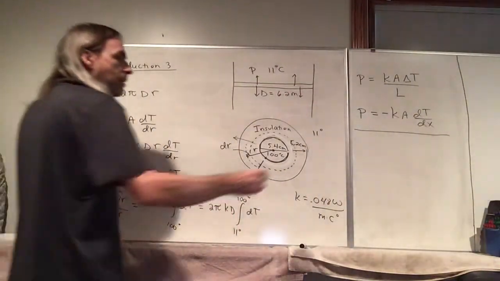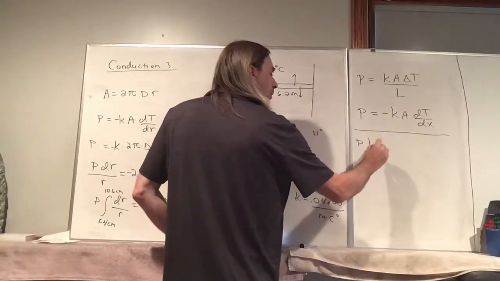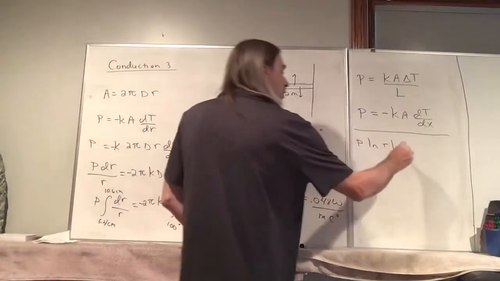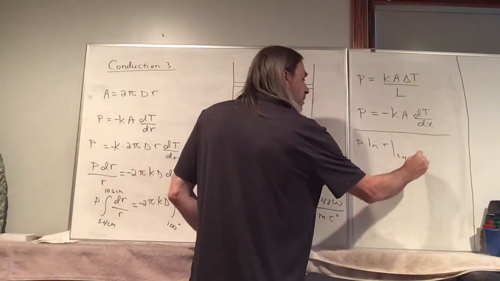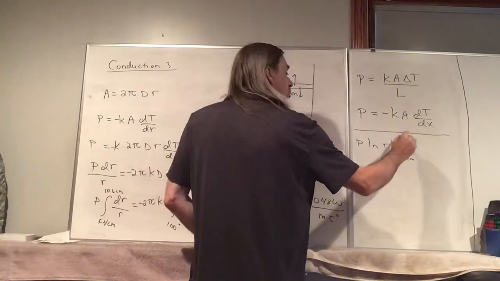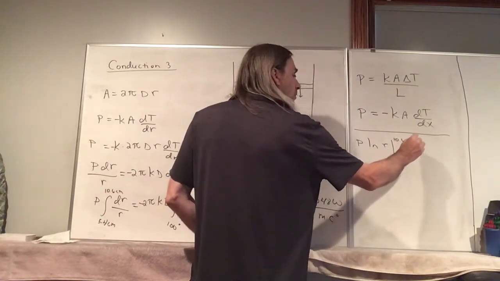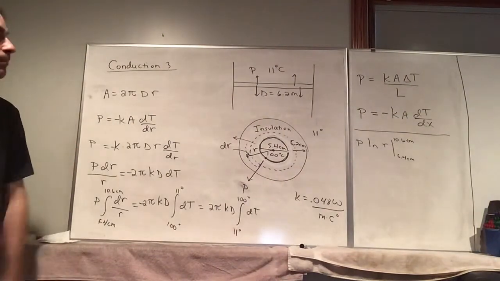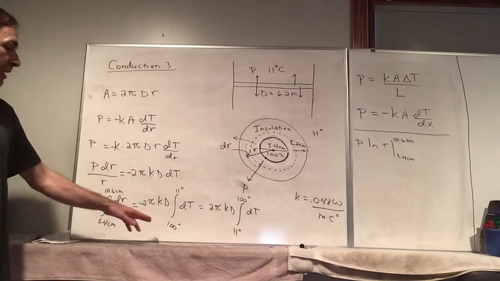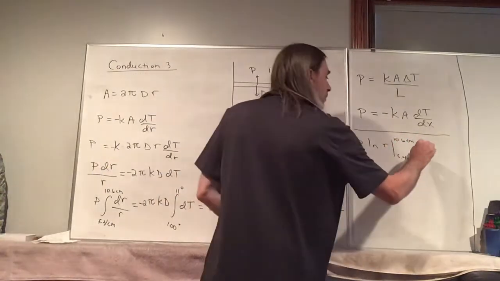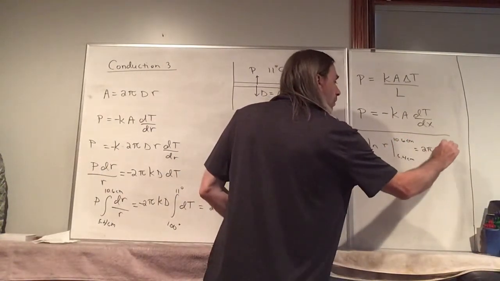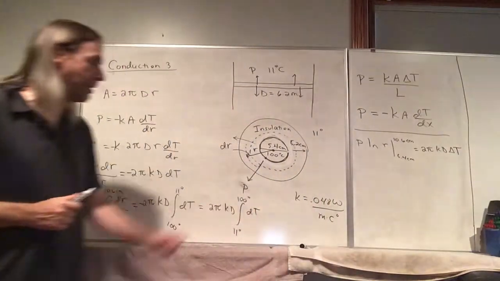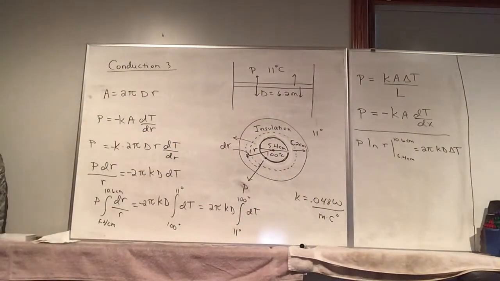We have P times the natural log of r evaluated from 5.4 centimeters to 10.6 centimeters. The units actually don't matter in this case as long as they're the same. That's equal to 2 pi kd, and the integral of dt is just delta t.